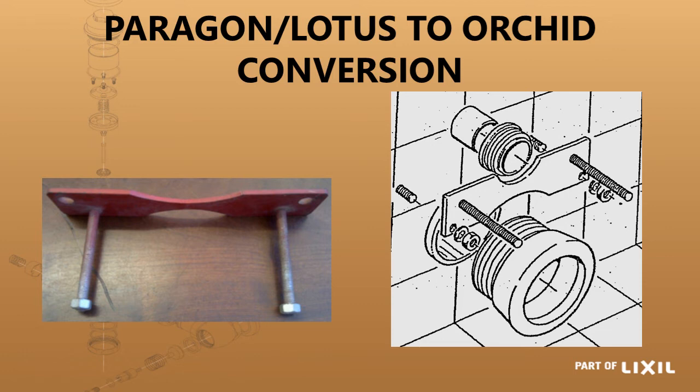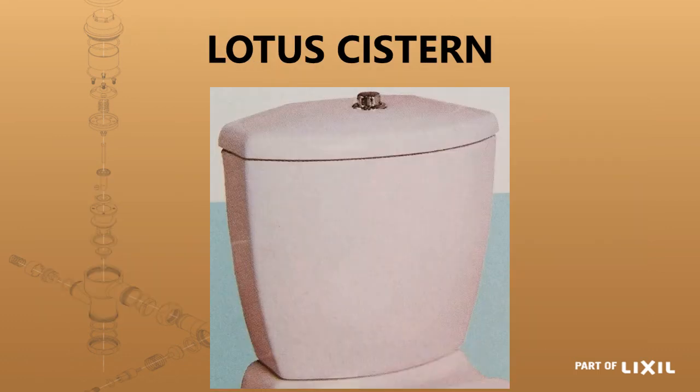You need to make sure that the positions of the inlet, the outlet, and the fixing brackets are all in line with the new pan that is going to be installed, because the dimensions from the inlet to the fixing holes and from the fixing holes to the outlet are important. So it's important when doing the conversion that those dimensions are adhered to.